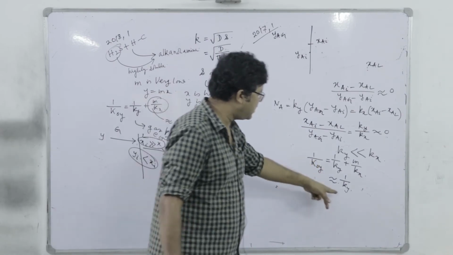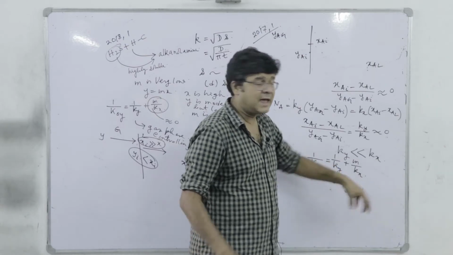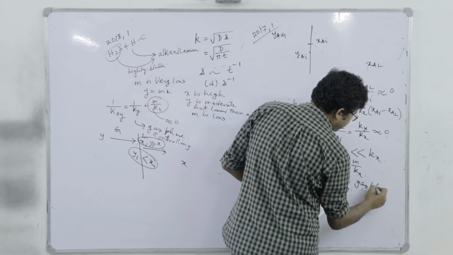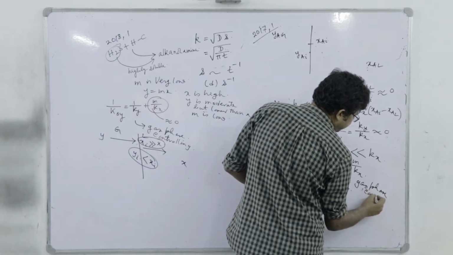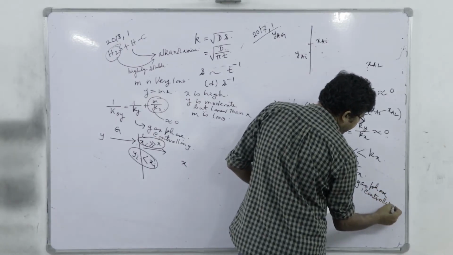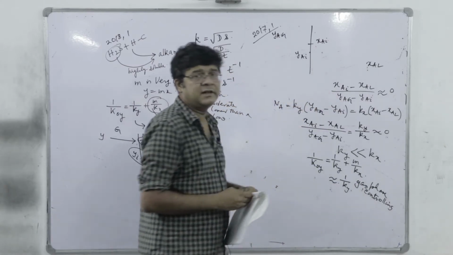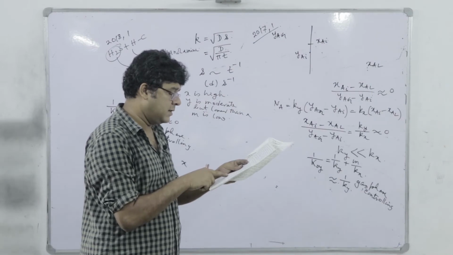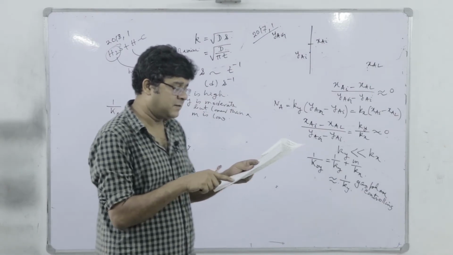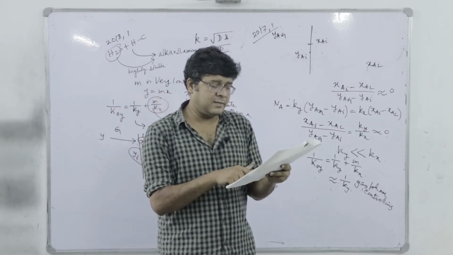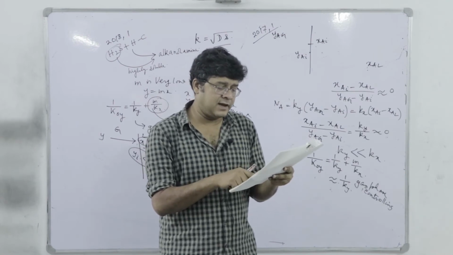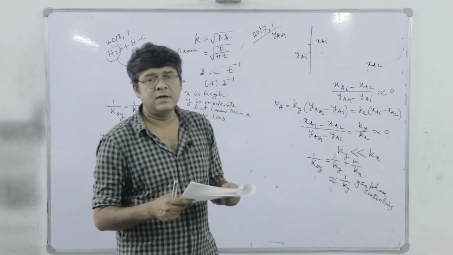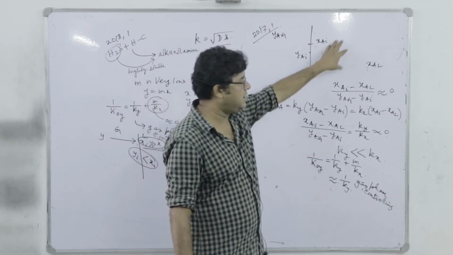So it is 1 by Ky, so it is definitely the gas phase controlling resistance and negligible resistance in the liquid phase. Okay. So basically what are the options? Negligible in the gas phase only, negligible in the liquid phase only, negligible in both phases, considerable in both phases. So my answer is negligible in the liquid phase.